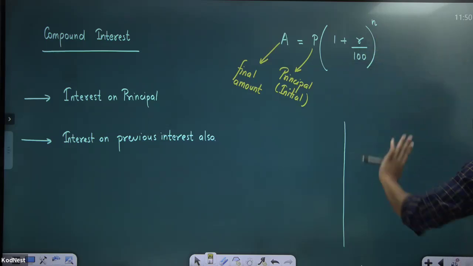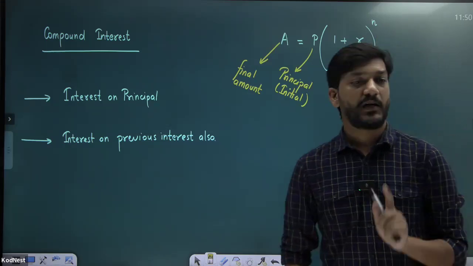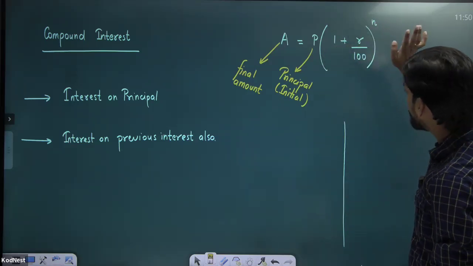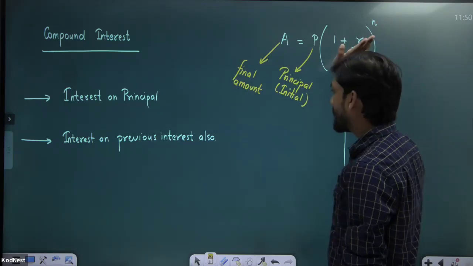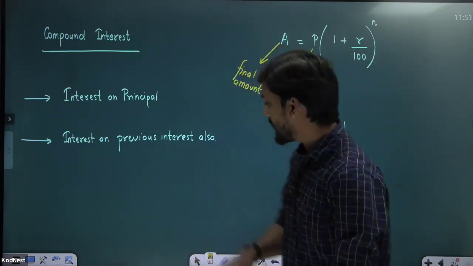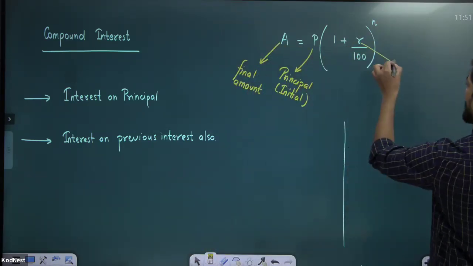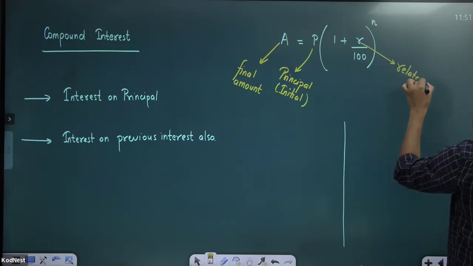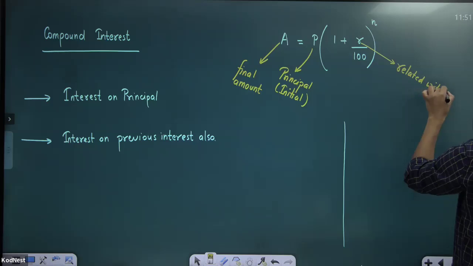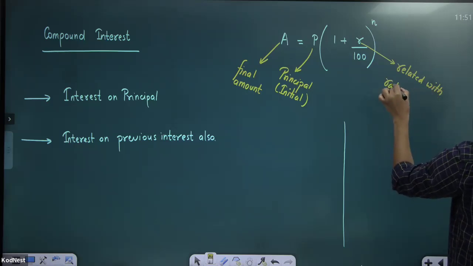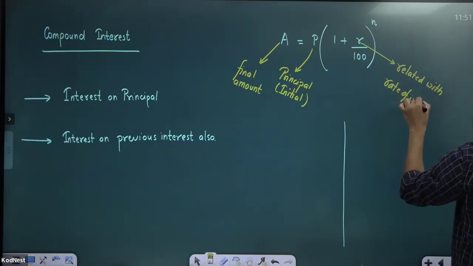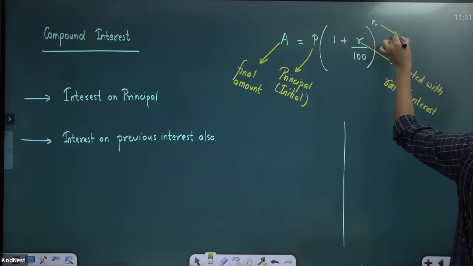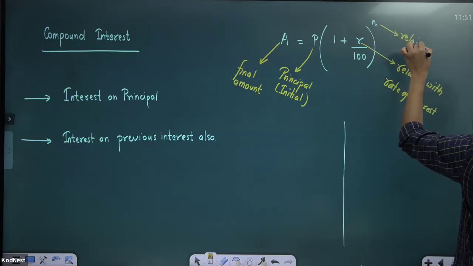This N, I will not say it is time. But yes, I can say this R is related with rate of interest. This N is related with time. So let me write this. I will not say rate of interest, but I will say related with a rate of interest. And this is related with the time.